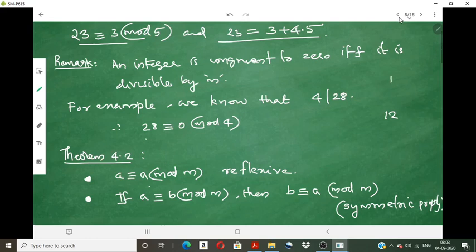In 24 hours, the time 13 hours, we are reading it in a 12-hour clock as 1. 13 is congruent to 1. So actually it is 13 congruent to 1 modulo 12. Why does this happen? 12 divides 13 minus 1, that is equal to 12.